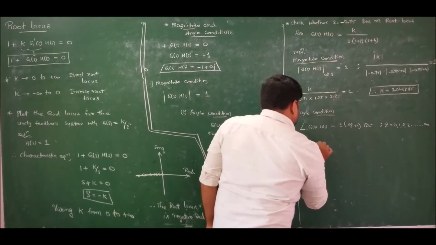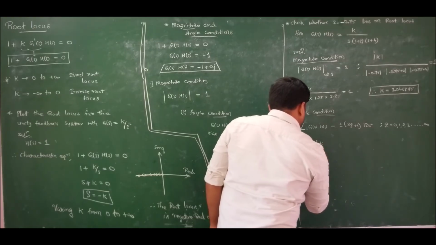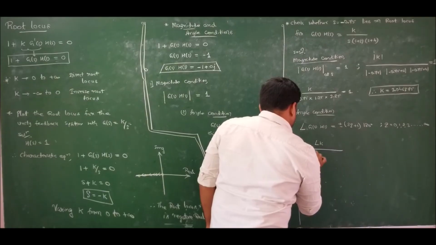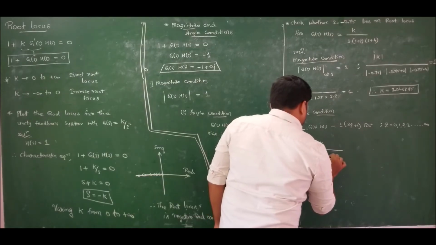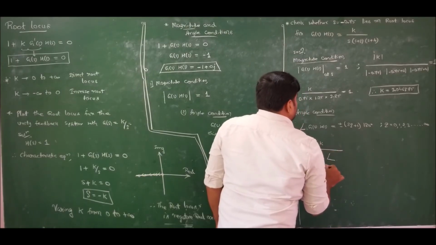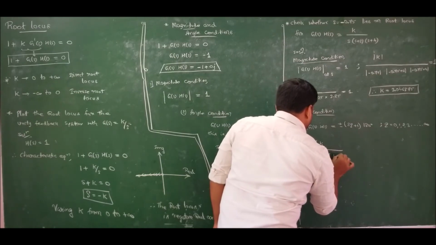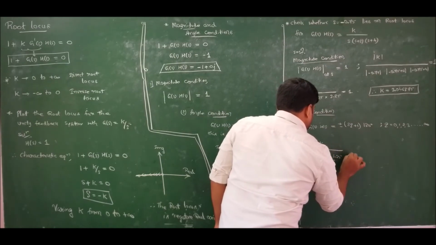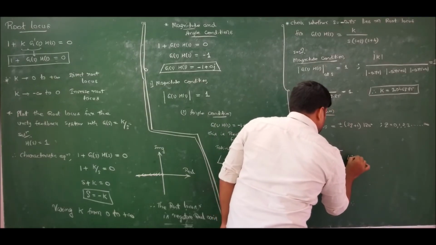That is the angle of K divided by the angle of S is minus 0.75, into the angle of S plus 2, which is 1.25, into the angle of S plus 4, which is 3.25.